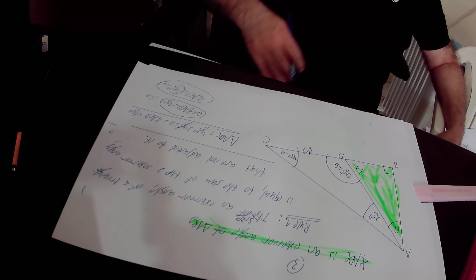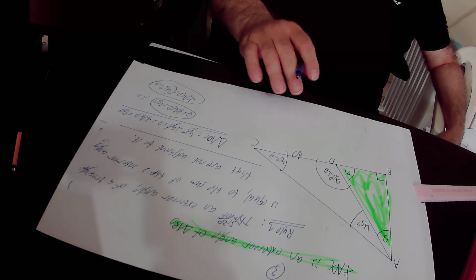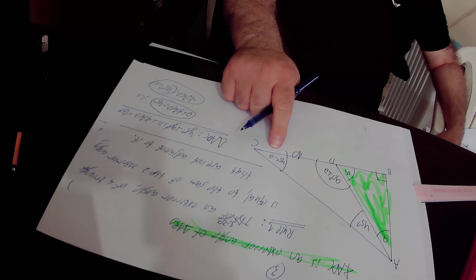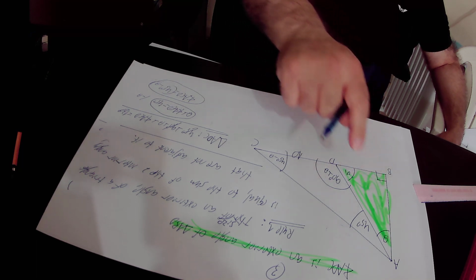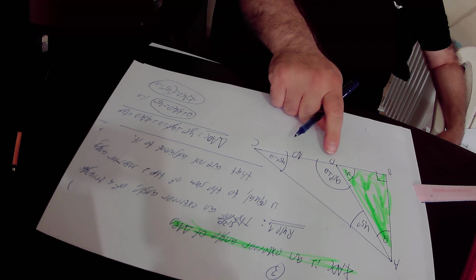Okay, and you can see it is very easy to see from the drawing that this angle is the smallest angle in triangle ADC, because it is smaller than 45 degrees, and let alone that it is smaller than 90 degrees plus theta.